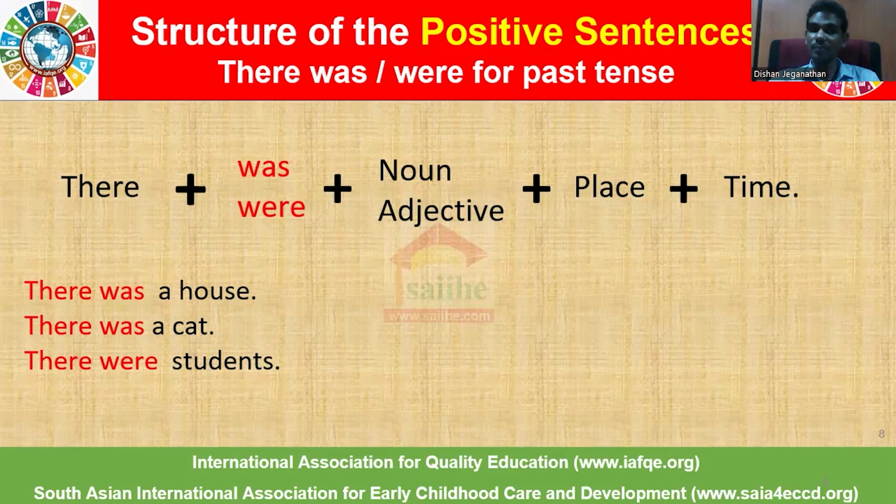It means there was a house earlier, but now there isn't a house there. So previously, there had been a house in that particular area. There was a cat. There were students. So this too refers to an event which has occurred in the past. And since we all know students is a plural noun, we make use of were to make this sentence.